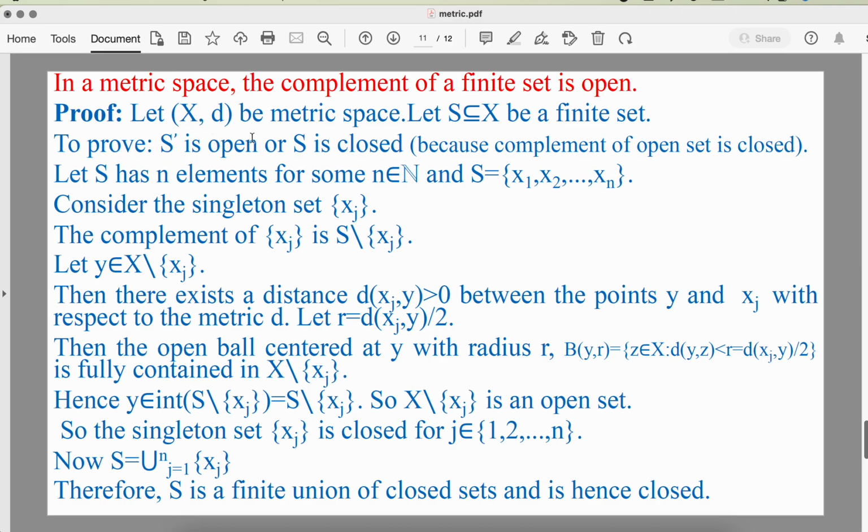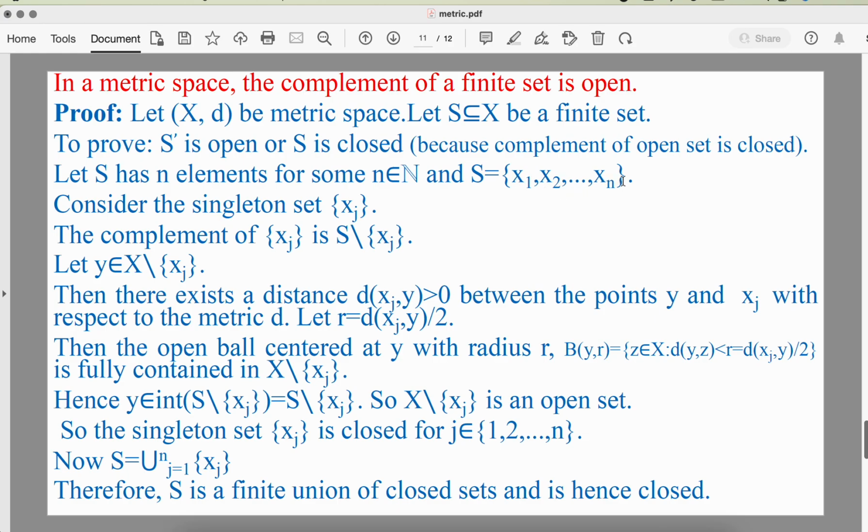To prove S dash is open, we can prove that S is closed, because we know that the complement of an open set is closed. Let S have n elements for some n belonging to N, the set of natural numbers, and we write S equal to {x1, x2, ..., xn}.